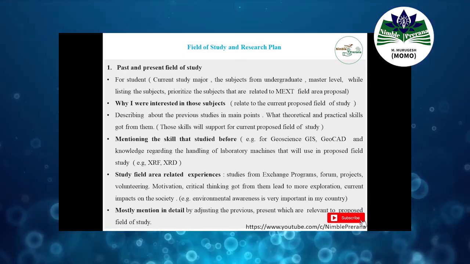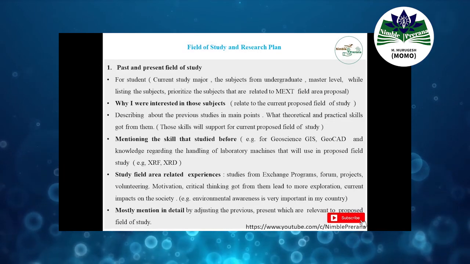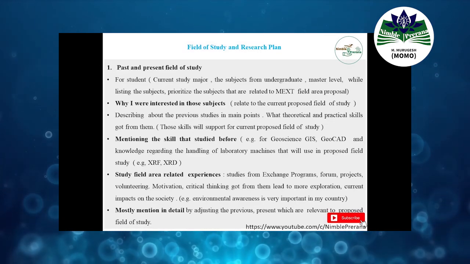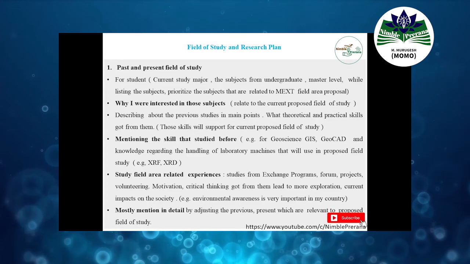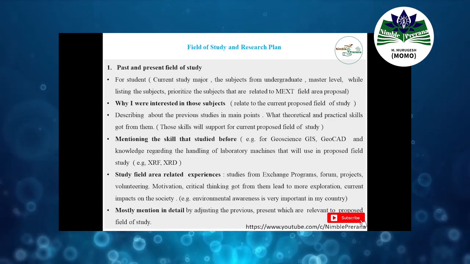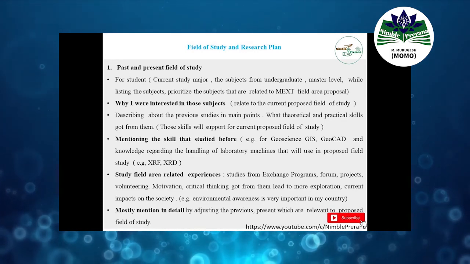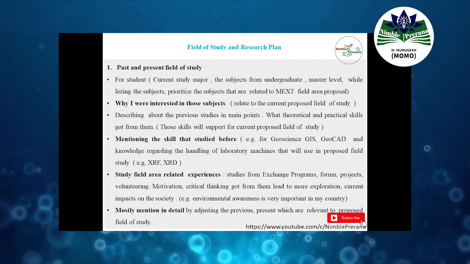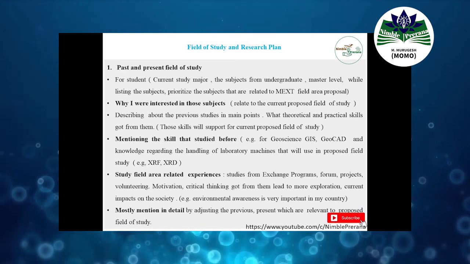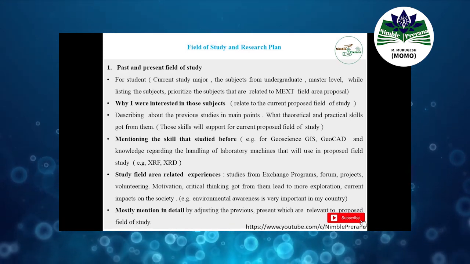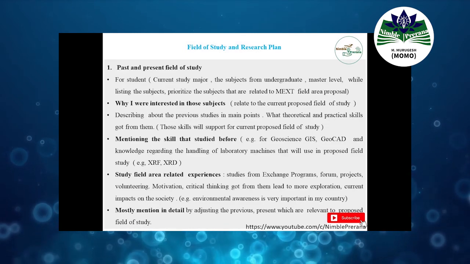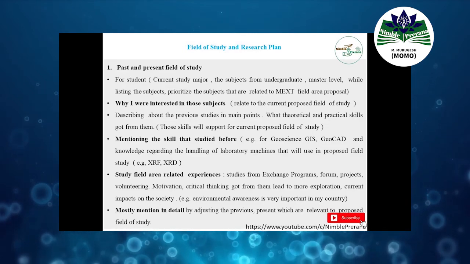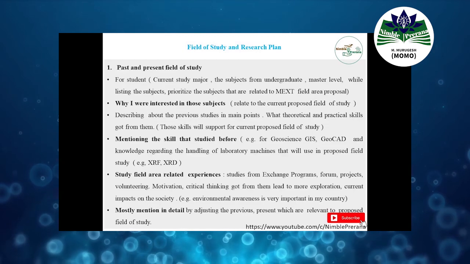While listing the subjects, I prioritize the subjects that are related to the proposal to MEXT. I explain why I was interested in those subjects that are also relevant to the proposed field study, describing the previous studies in main points, and what theoretical and practical skills I got from them that support this proposed field study.